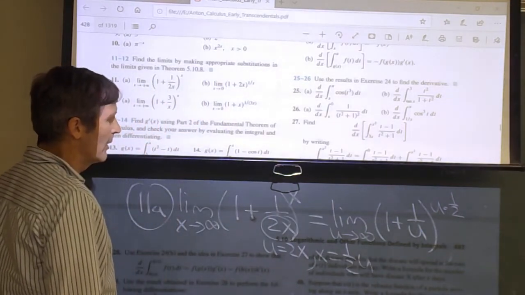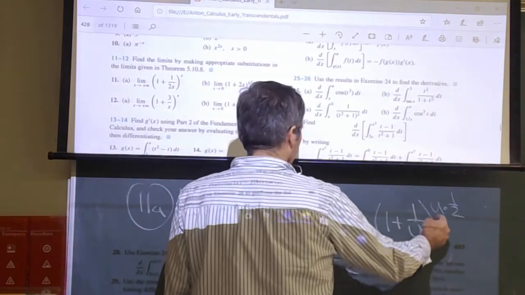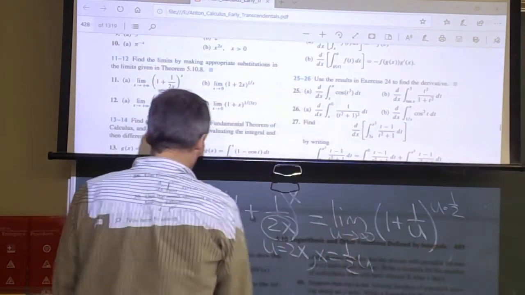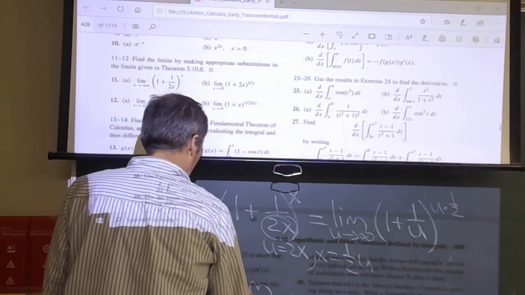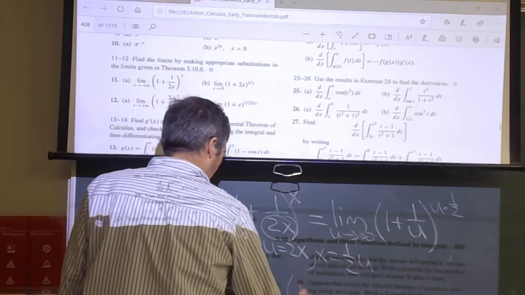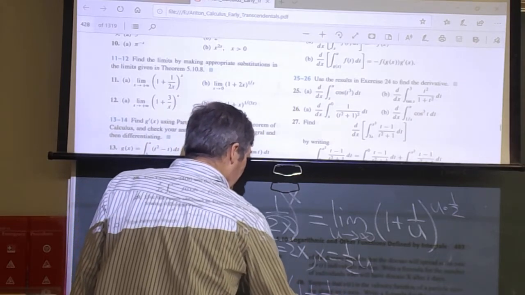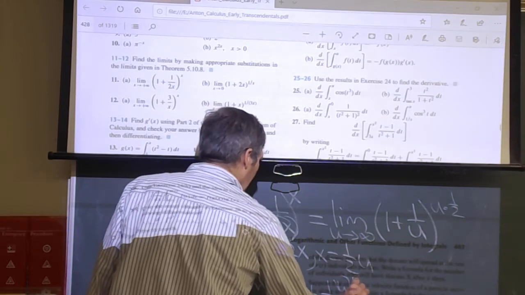Now the u times 1/2 power is also expressible as (1 plus 1 over u) to the u, whole thing to the 1/2 power.